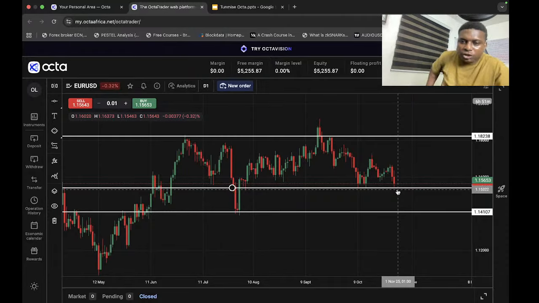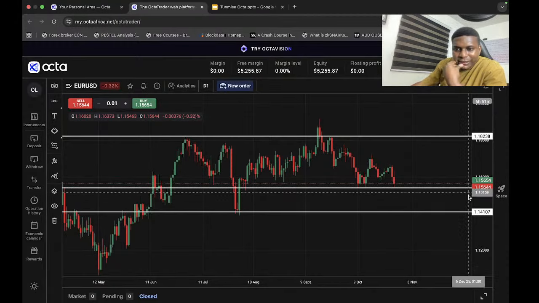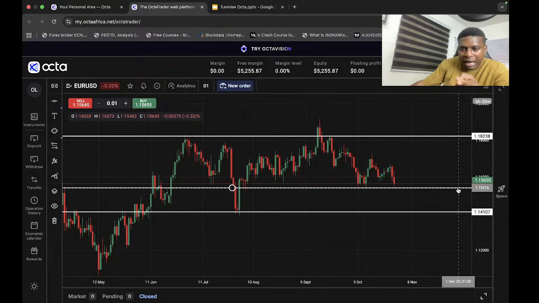If the support zone at the 1.15416 price level becomes weak and cannot hold price, then price will drop down further.